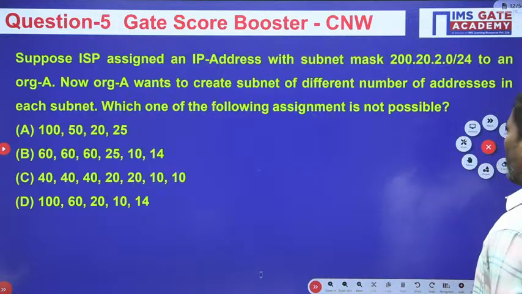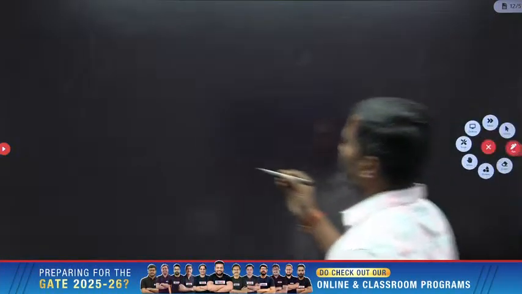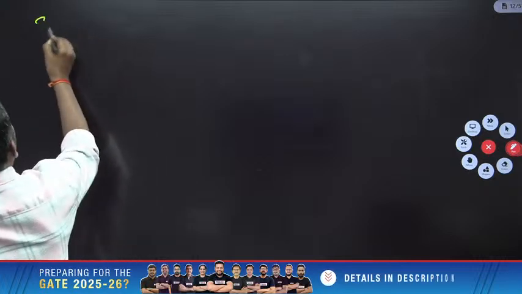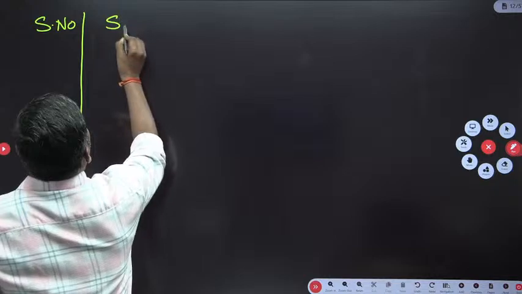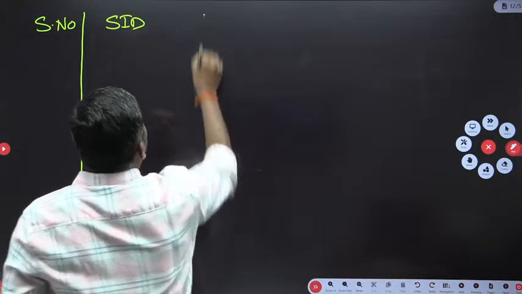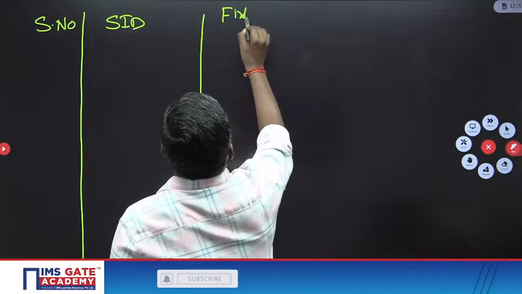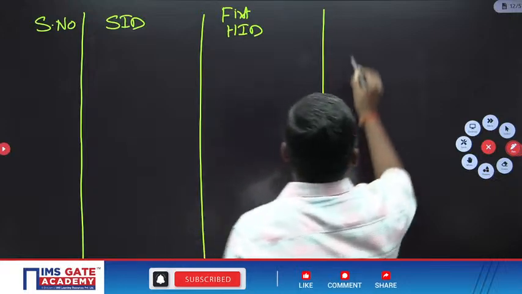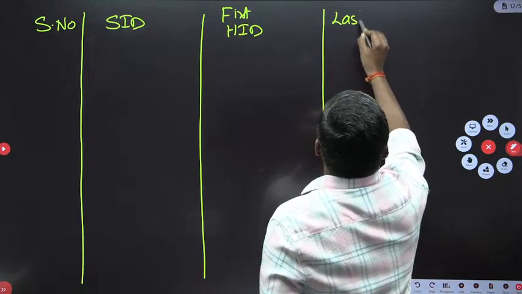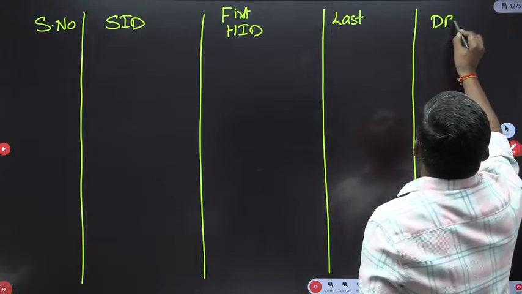Now my question to you, all of you. I am writing some information: subnet number, subnet ID, first host ID, last host ID, as well as the broadcast address.